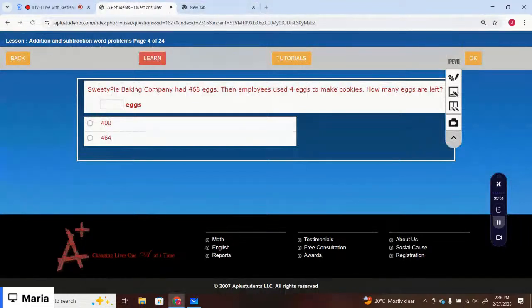Sweetie Pie Baking Company had 468 eggs. The employee used 4 eggs to make cookies. How many eggs are left?